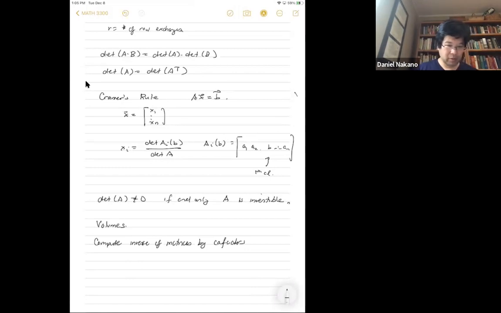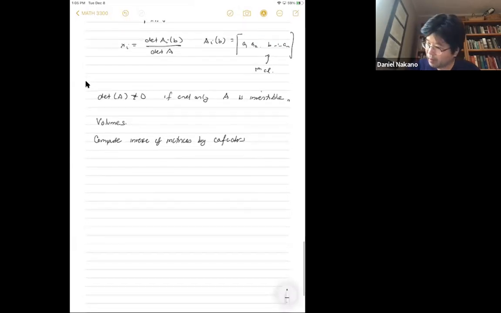Okay, so let me just say it this way. If A is invertible, A inverse is 1 over the determinant of A times the matrix of cofactors, but remember you have to take the transpose.